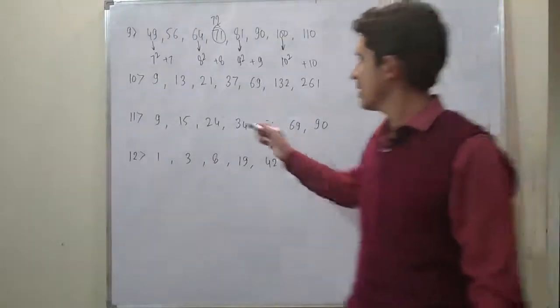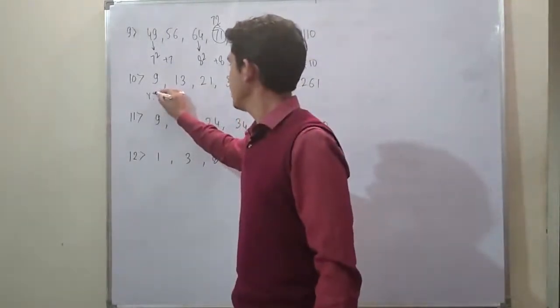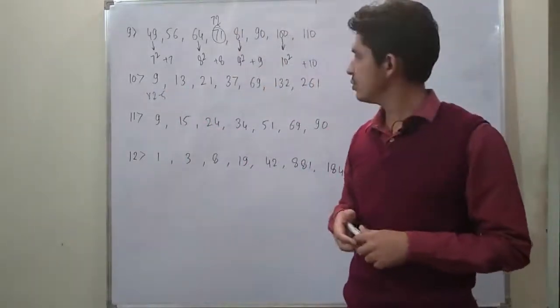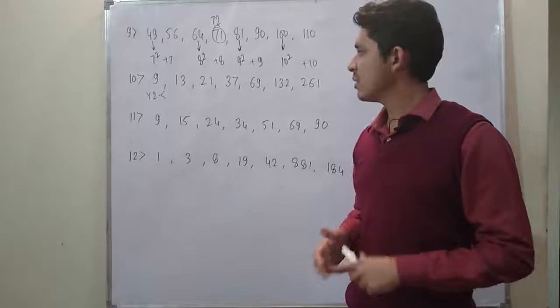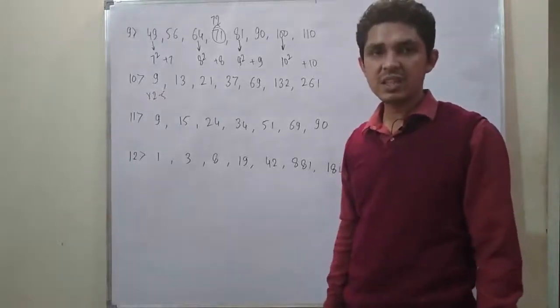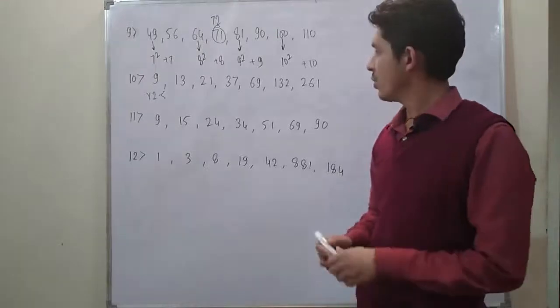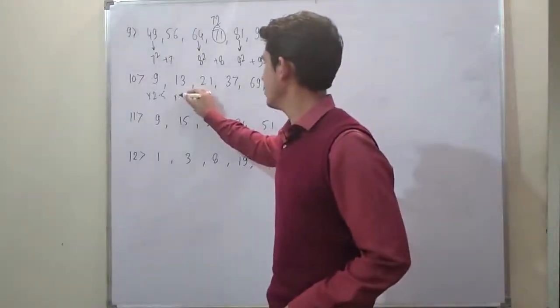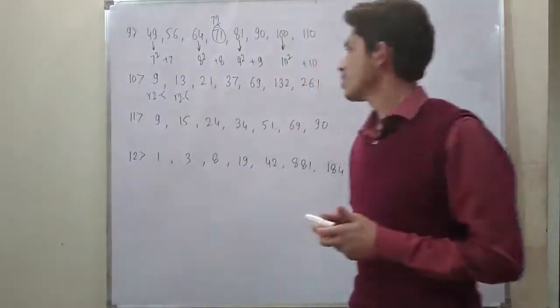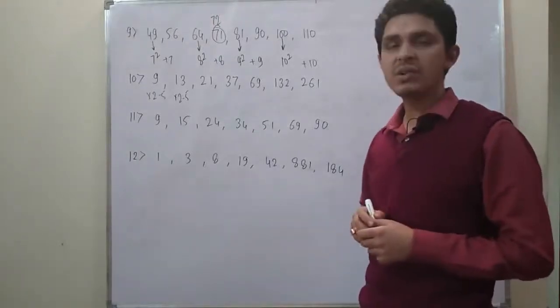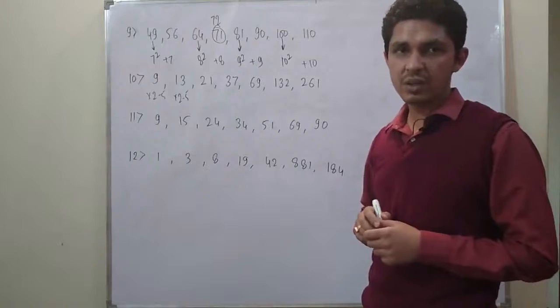This pattern can be multiplied by 2 minus 5, because when we do 9 multiplied by 2, that is 18, and 18 minus 5, that is 13, right? And if we do the same, multiply by 2 minus 5, so 13 multiplied by 2, 26, and 26 minus 5, we are getting 21.